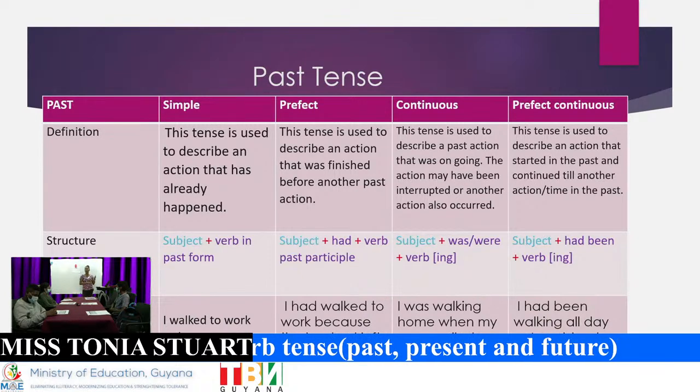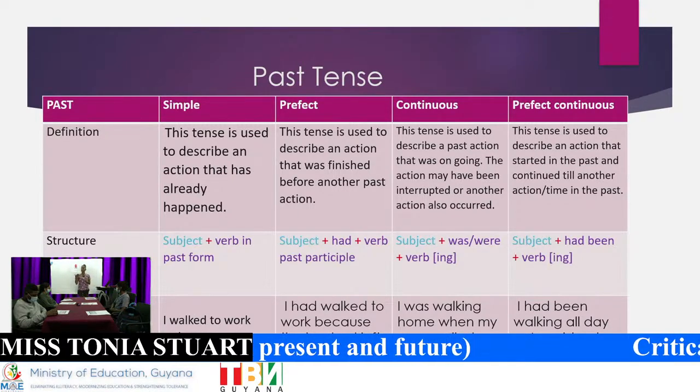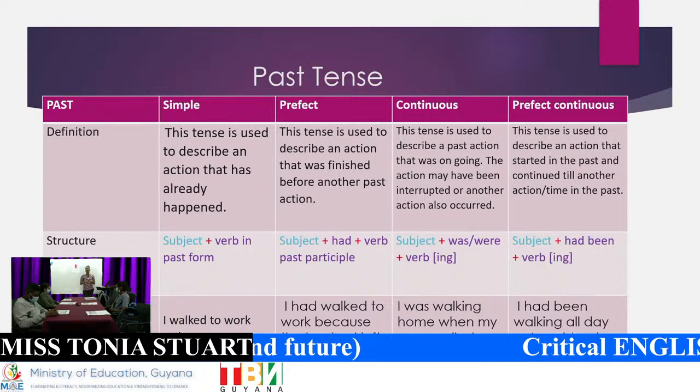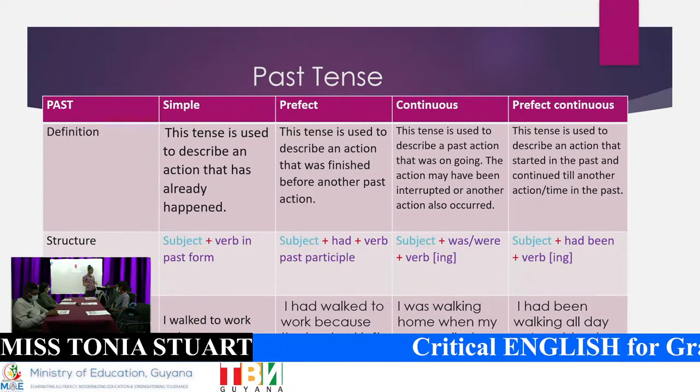I is the subject. We have the verb walk, and the simple past tense is walked, with an ed. In the next lesson, we're going to look at how we go about forming these past tenses. We're not looking at that today.